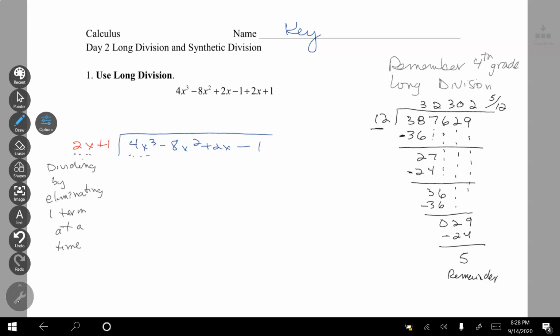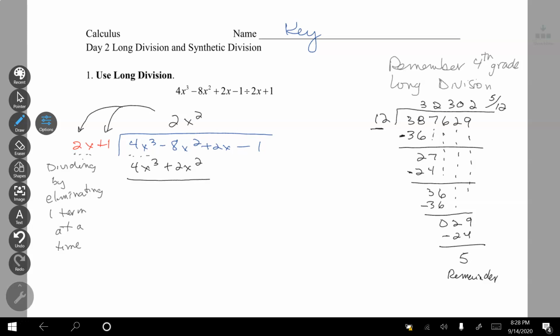So when I do this division, I'm like, well, what do I have to multiply 2x by to get 4x cubed? And I'm thinking, well, it's got to be 2x squared. And I put it above like terms. And then I multiply this by both of these. This has to multiply both. I get 4x cubed plus 2x squared.